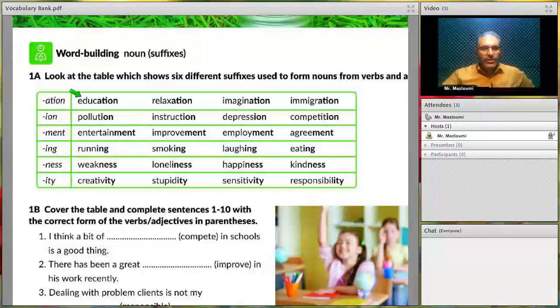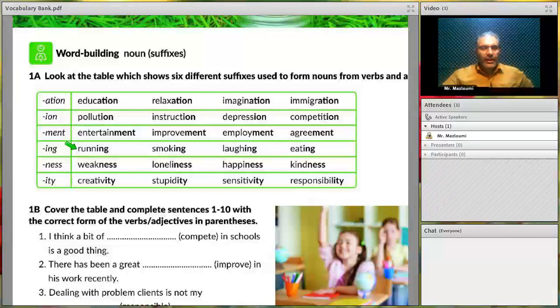Education, relaxation, imagination, immigration, pollution, instruction, depression, competition, entertainment, improvement, employment, agreement.